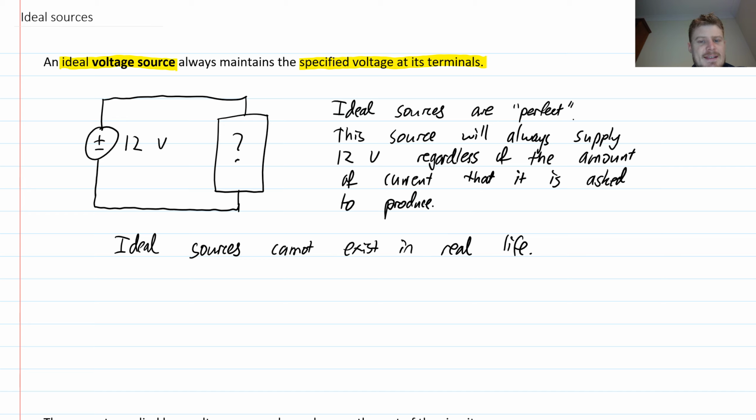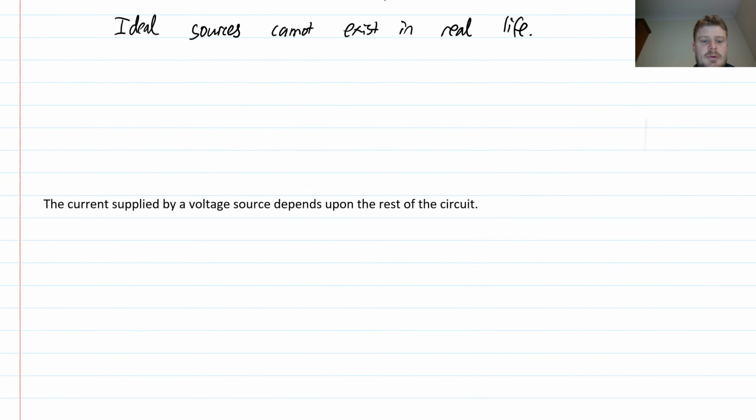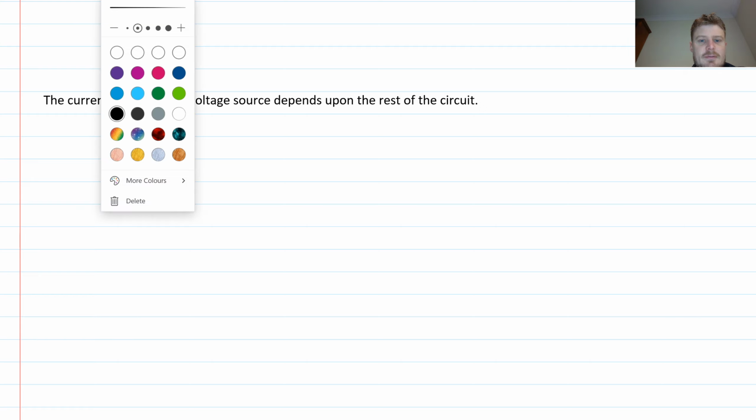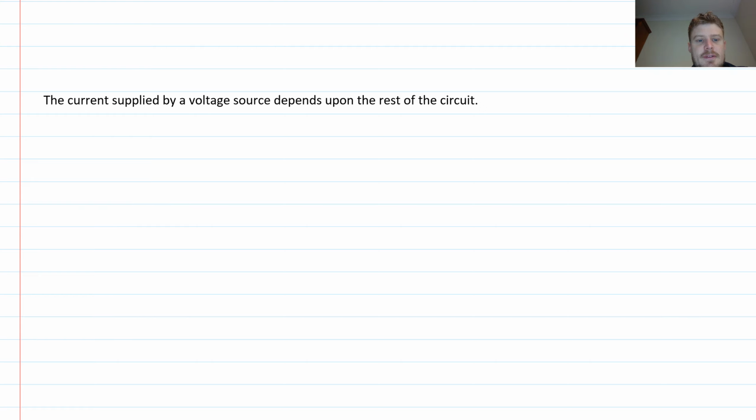That makes things easier, particularly as we're starting to analyze circuits. An important point about ideal sources is that the current supplied by that voltage source is not that easy to know. You have to analyze the rest of the circuit in order to figure out how much current will be supplied.